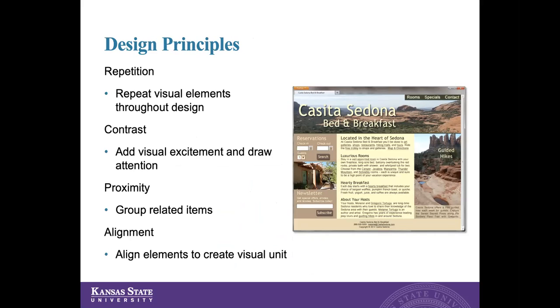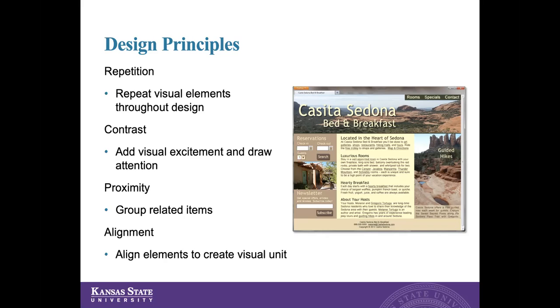All right, let's talk about some design principles with web design. One thing you want to do is try to repeat your visual elements throughout all the different pages in the site. So if you have certain header photos or footer graphics, maybe different colors that you're using for the footer or the nav, you'll want to repeat that throughout the site.